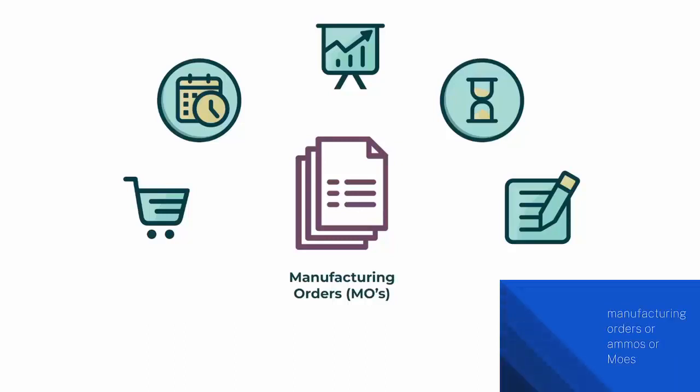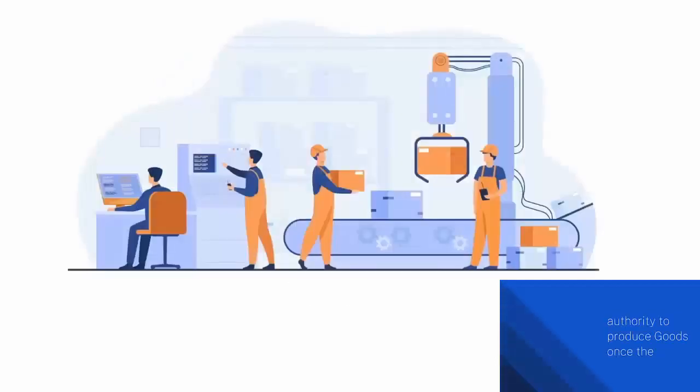Manufacturing orders, or MOs, are internal documents that authorize production at a company that produces goods, usually in-house or by the use of subcontractors. Now, MOs act as the authority to produce goods once the product demand has been determined.